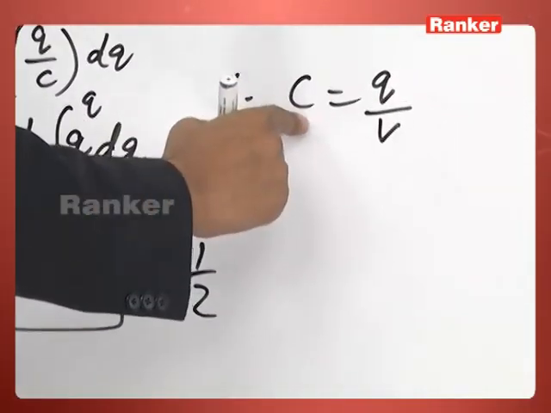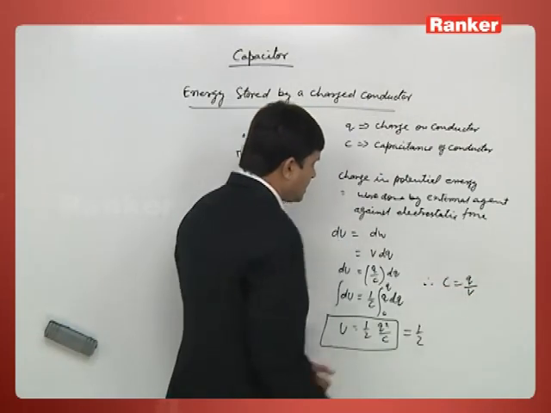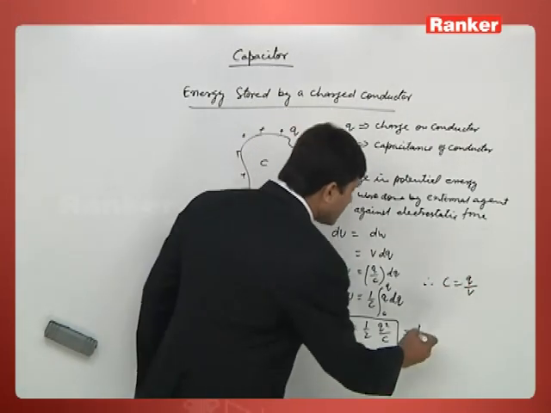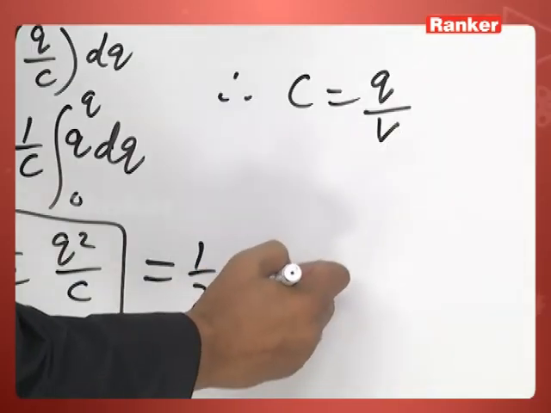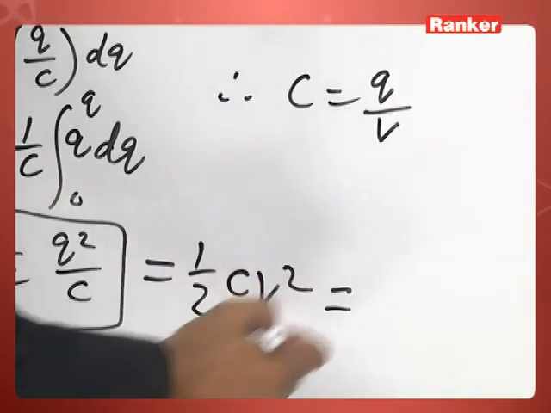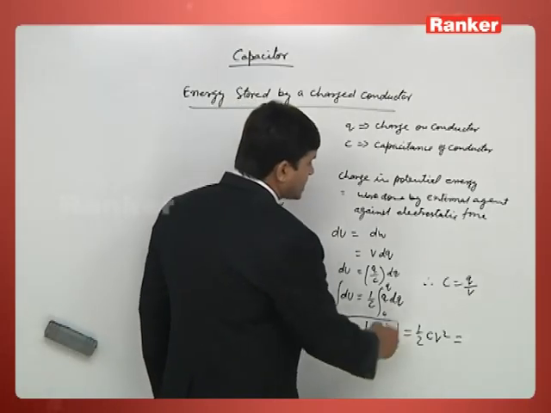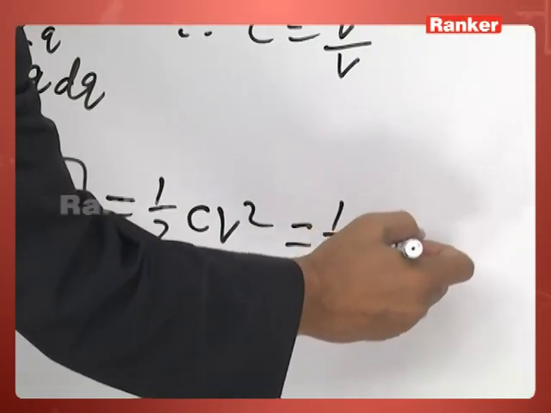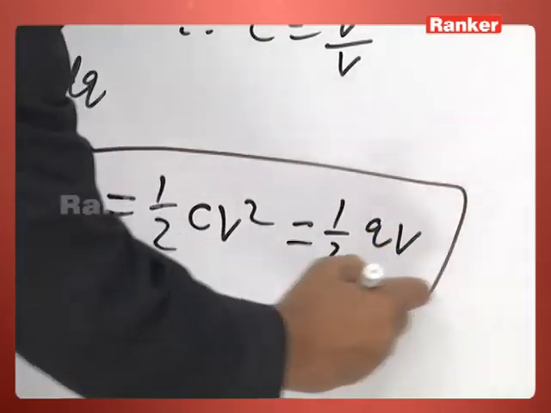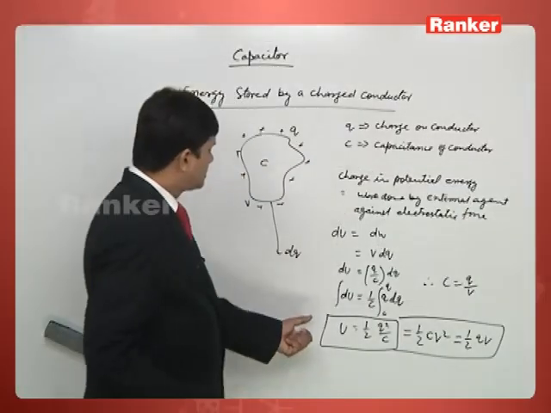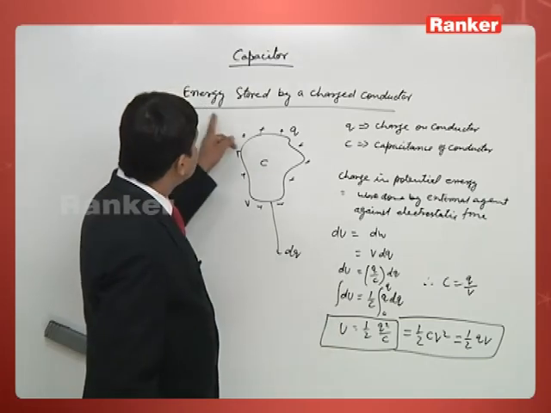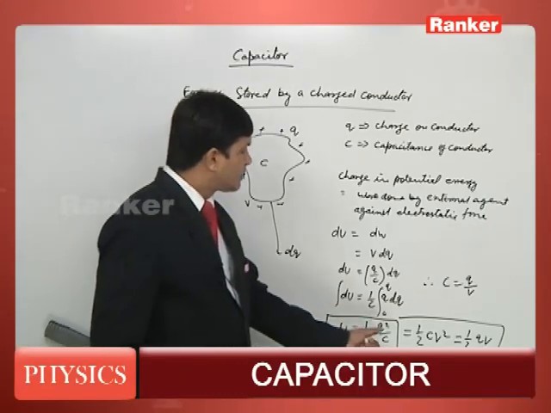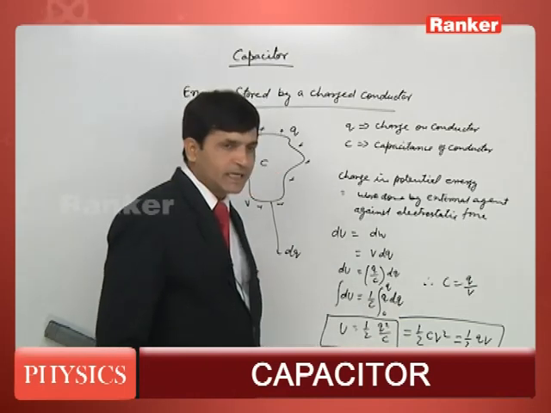As C is equal to Q by V, in terms of C and V, U is equal to half CV square, or Q by C we can write as V, so half Q into V. These are all the expressions related to energy stored by a charged conductor in terms of its capacitance.